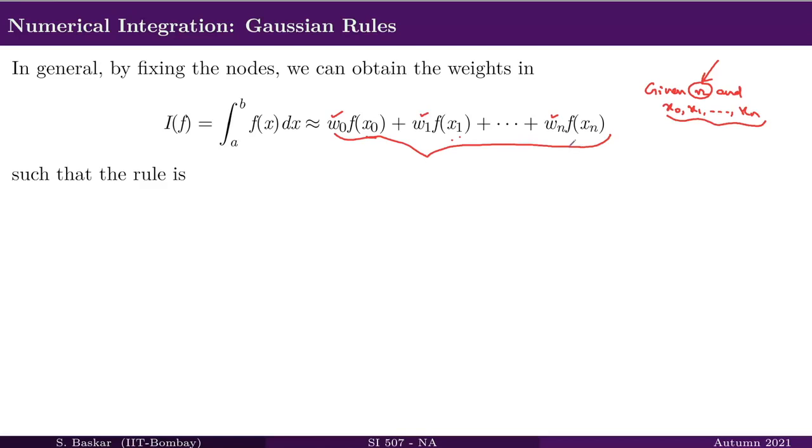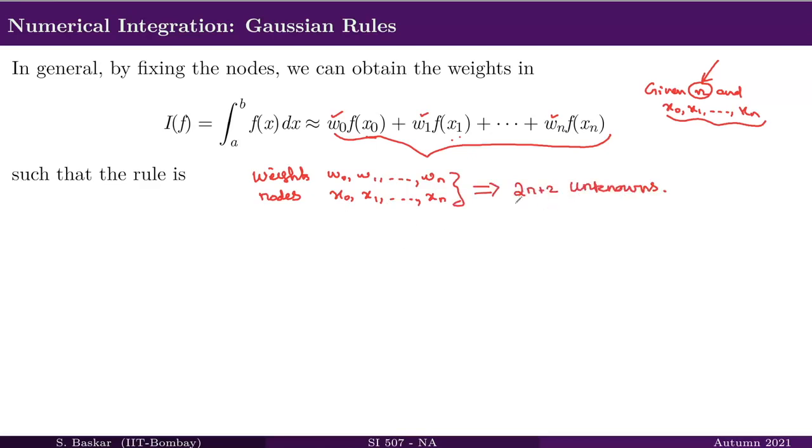Let us see. We have weights W0, W1 up to Wn, which were unknown in our previous method also. Now we also consider the nodes as unknowns. Previously, we fixed them, but now we will consider them also as unknowns. Therefore, totally we have 2n plus 2 unknowns.